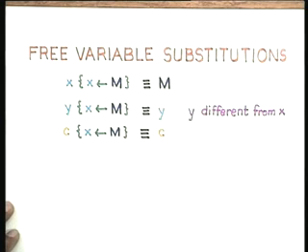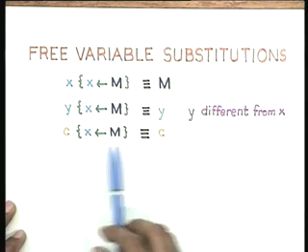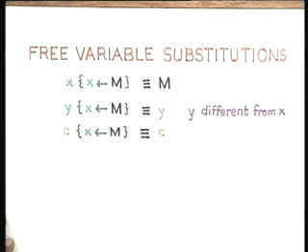So, now if it is a constant in the case of an applied lambda calculus, well, a constant is different from any variable by definition, right. And so, the effect of this substitution is just to leave the constant unchanged.